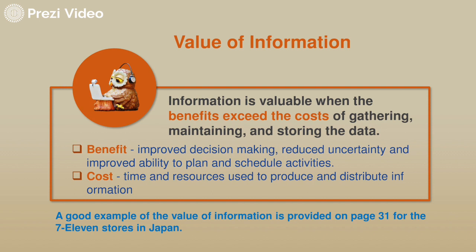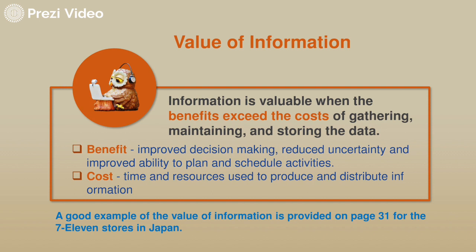And the cost is related to the time and resources spent to produce and distribute the information. So if the benefit exceeds the cost, we say that the information is valuable.